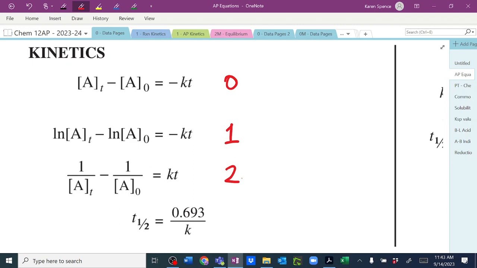If it's first order and you plot ln A versus time, you'll get a straight line. If it's second order and you plot 1 over A versus time, you'll get a straight line. So you don't have to memorize that fact. You don't have to be able to do the calculus. You just have to be able to say the first one is 0th, the second one is first order, the third one is second order.